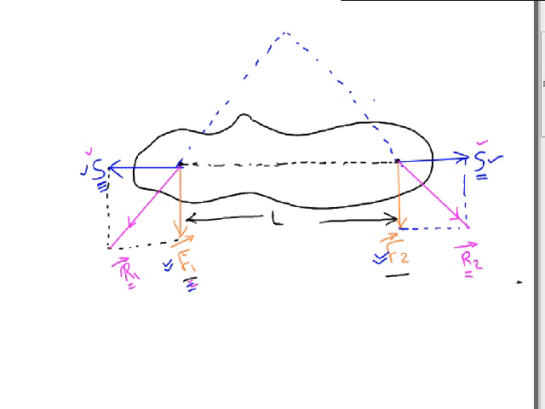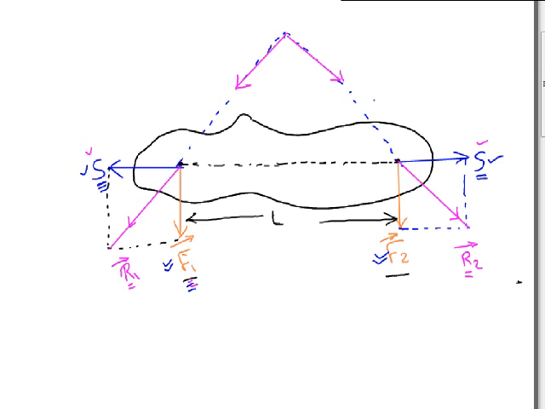Okay, we can use principle of transmissibility to say that the resultant of R1 and R2 shown here is the same as the resultant of R1 and R2 acting here, because principle of transmissibility guarantees that the action of a force does not change even if you move the point of application to anywhere on the line of action of the force.